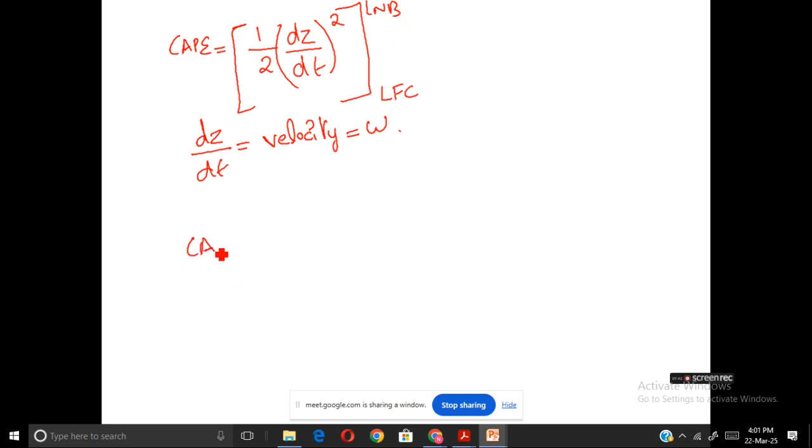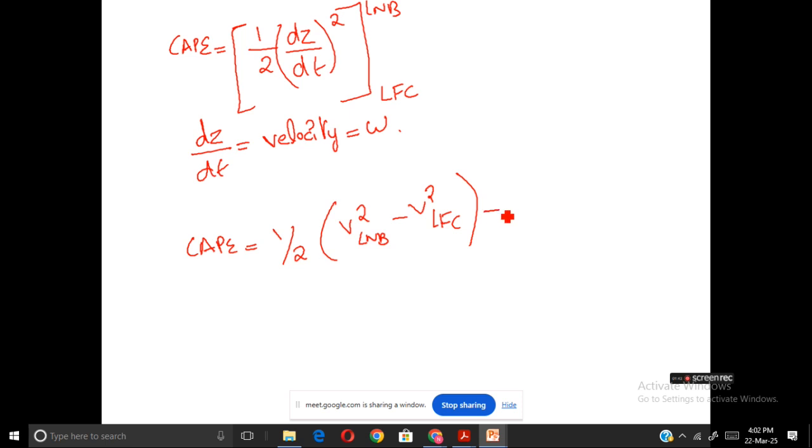So CAPE becomes half into dz by dt at LNB squared minus dz by dt at LFC squared, that is, V square at LNB minus V square at LFC.